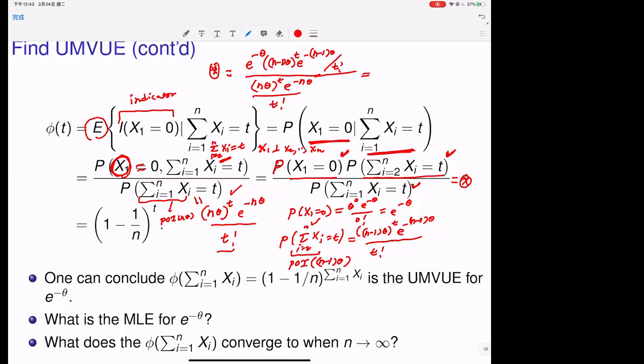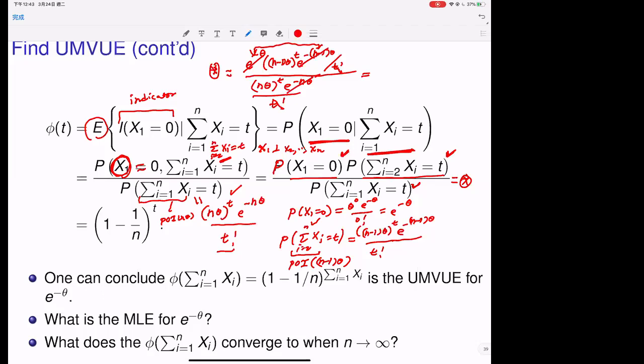Then I'm looking for a bunch of things canceling out. So this guy cancels out, I can see. And then the minus n theta in this guy becomes e to the minus theta, so that cancels out, and this cancels out as well.